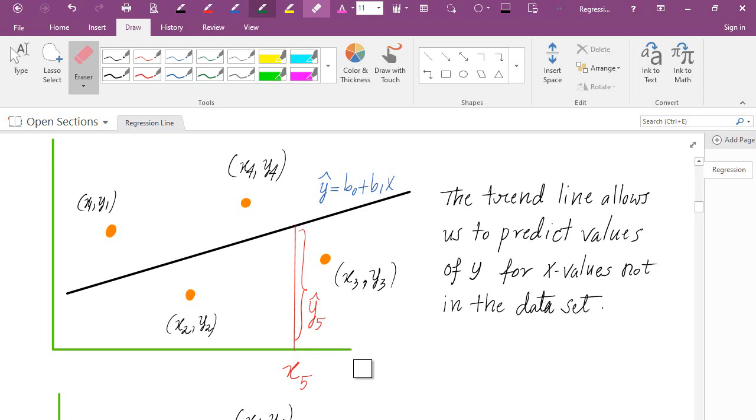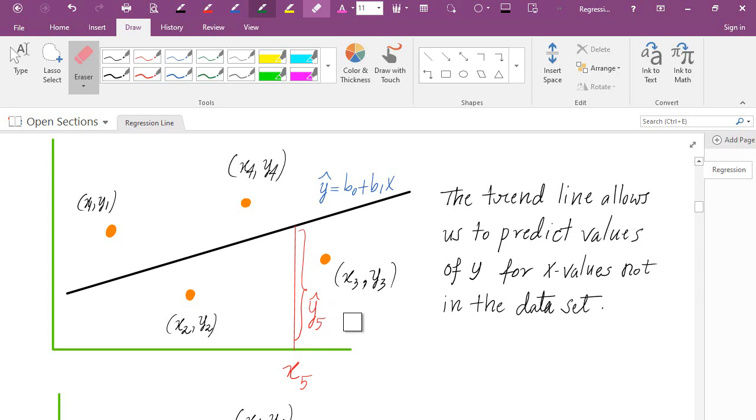Let's say that x5 is a value of the explanatory variable. That is, for us, let's say that x5 is the number of Big Macs that wasn't in our data set. Then I can find the corresponding y hat value from the equation of the trend line. Let's say that the corresponding y hat value that we obtain from the equation of the trend line is y5 hat.